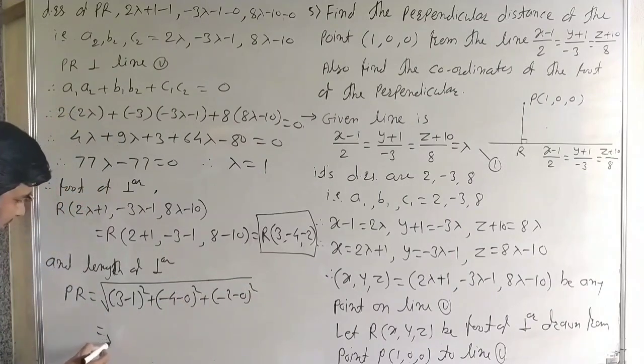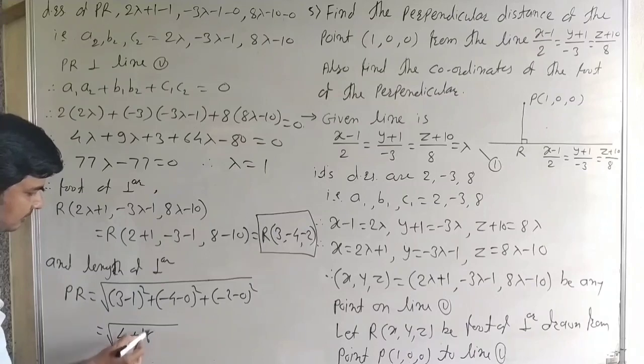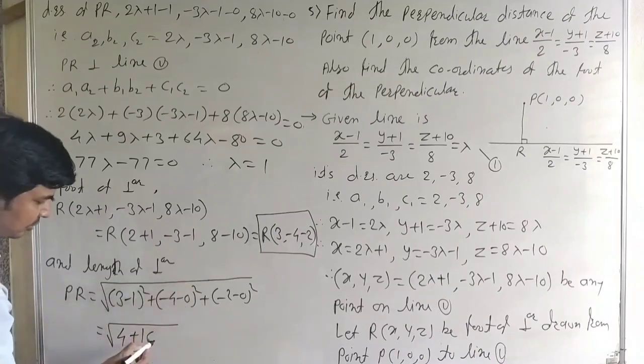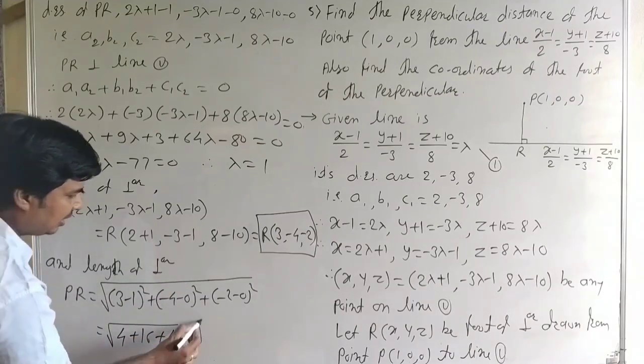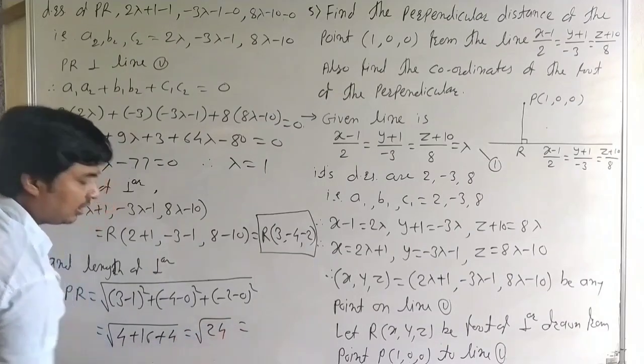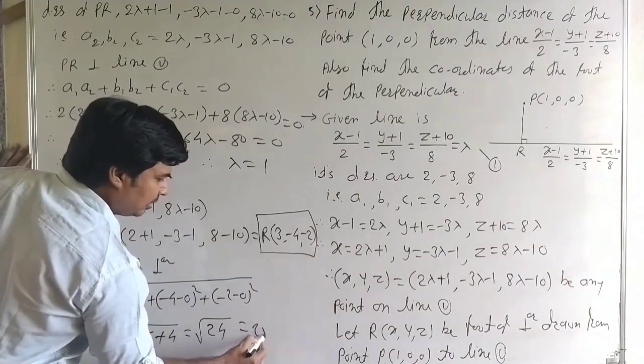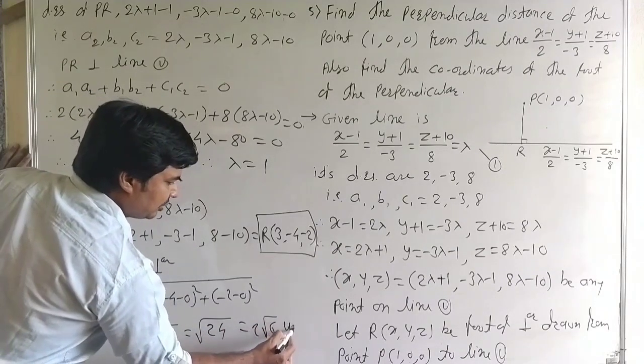Then calculate: under root of 3 minus 1 is 2, that is 4, plus 16 because minus 4 square, plus 4, and then under root of 24. We can write under root 24 as 4 into 6, therefore 2 under root 6 units.